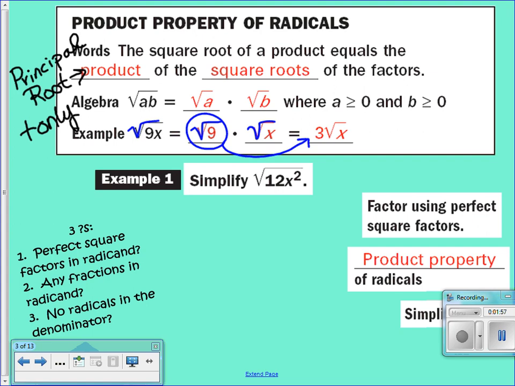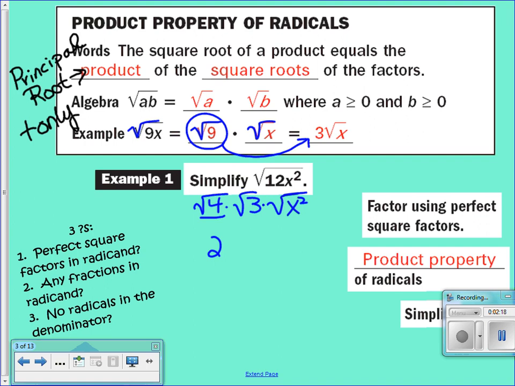So if you look at example 1, you have 12 times x squared. Well, I can change 12 into the square root of 4 times the square root of 3, and times the square root of x squared. I do this because the square root of 4 I can actually solve. It's 2.